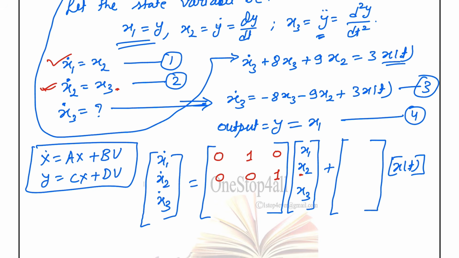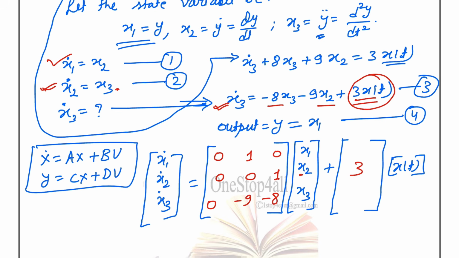Now, x3 dot will be from equation number 3. x3 dot has no component of x1, so it will be 0, x2 will be minus 9 and x3 will be minus 8, and another component is also present, that is the input component of 3 only.